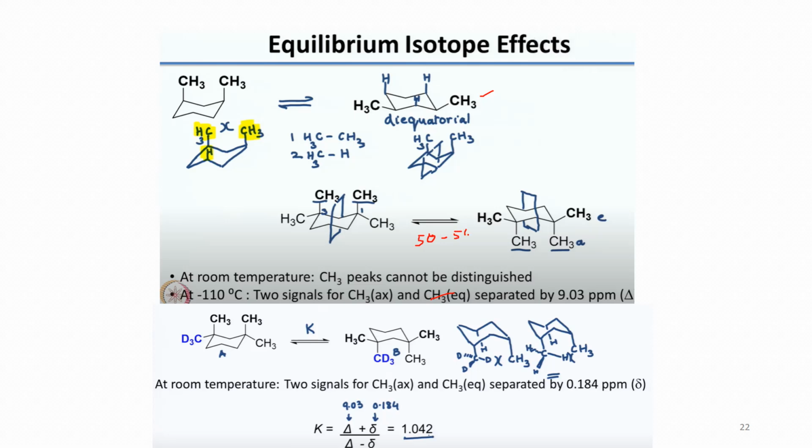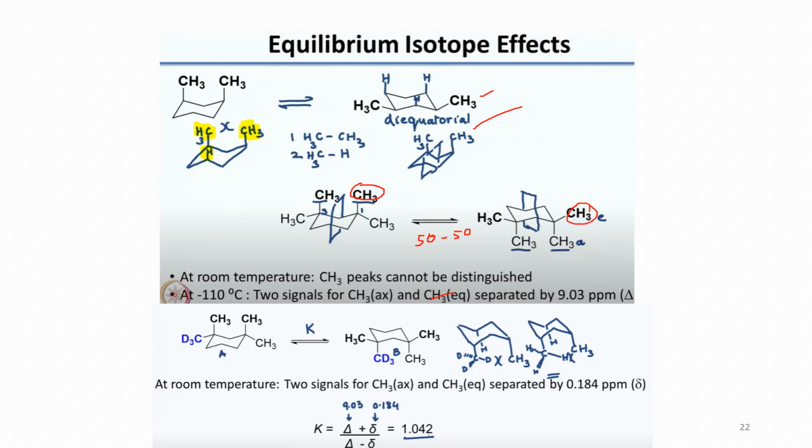Whenever we take an NMR at room temperature, what will happen? Due to fast flipping of this ring, in one structure this CH3 is axial, whereas in the other structure this CH3 is equatorial.